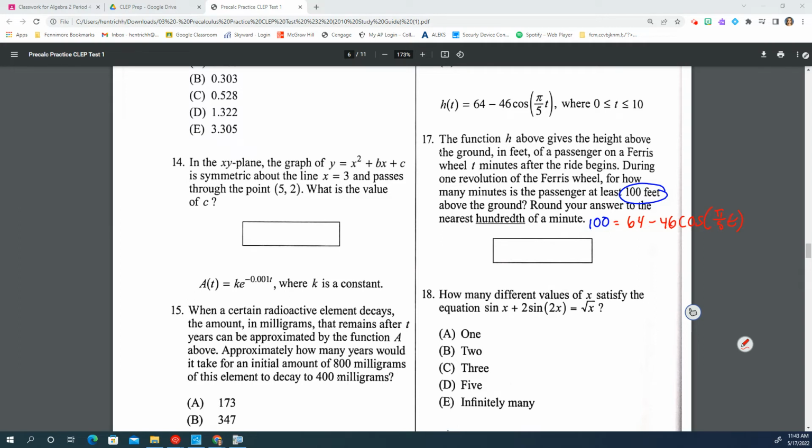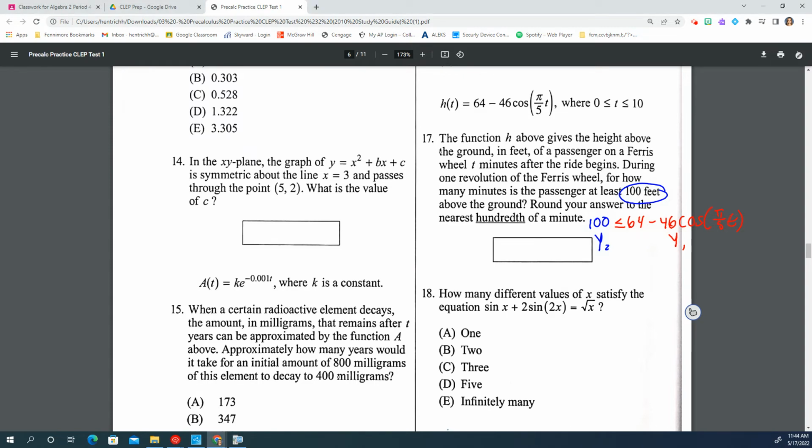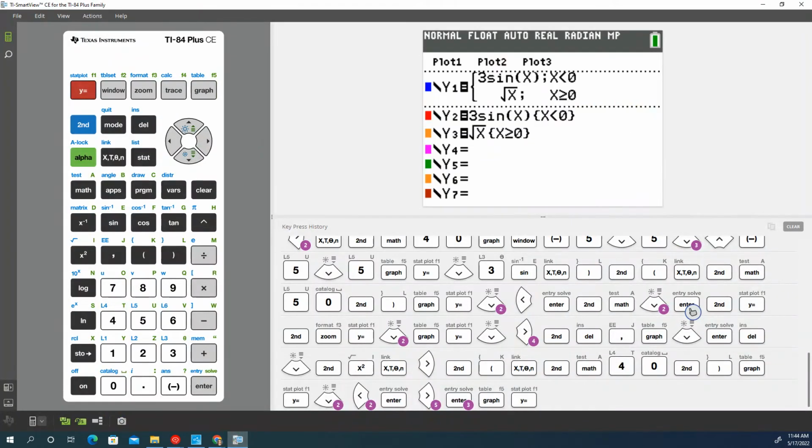I plugged my function into y1, and I plugged 100 into y2. And essentially, folks, what we're going to find is when my curve is greater than or equal to 100. So I want to know when my height, which is modeled by this, is at least 100 feet. So in my graphing calculator, I'm just going to graph these two.